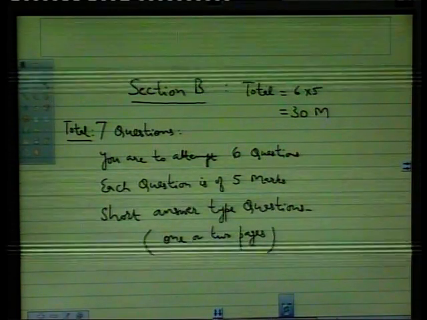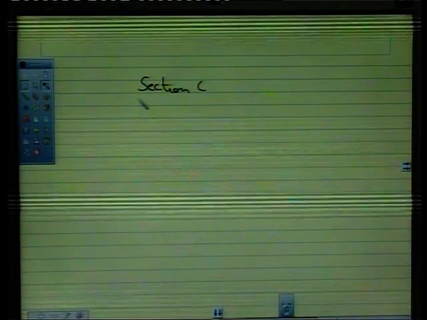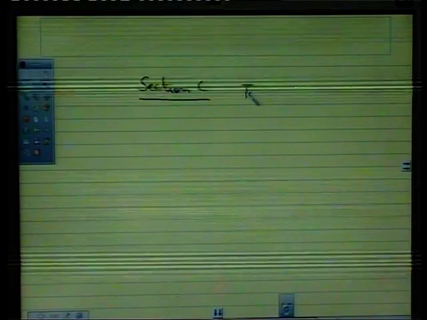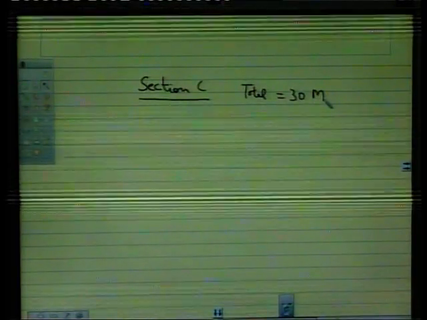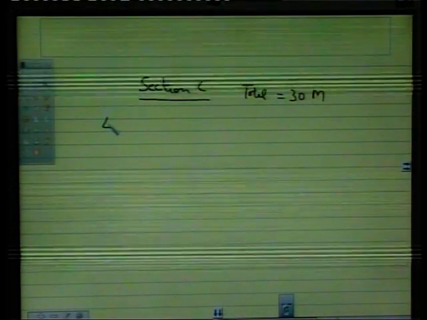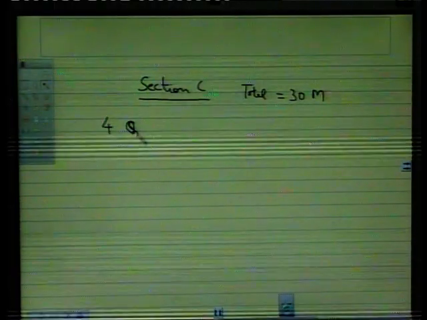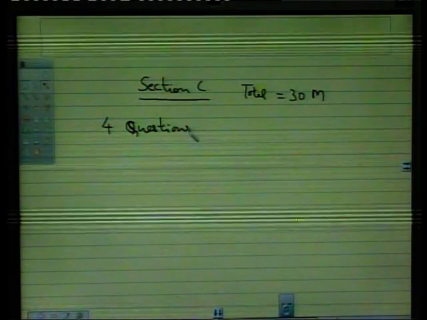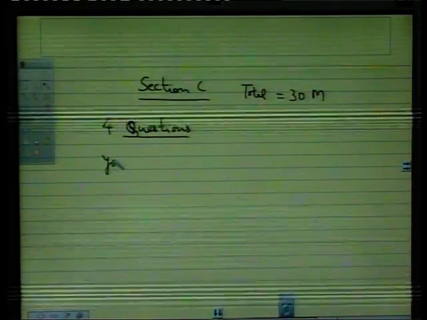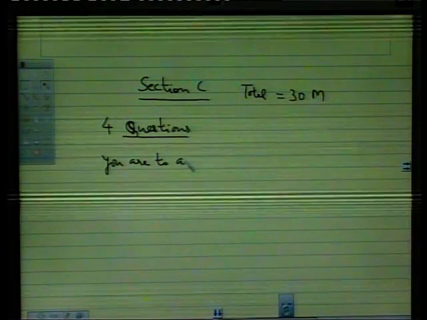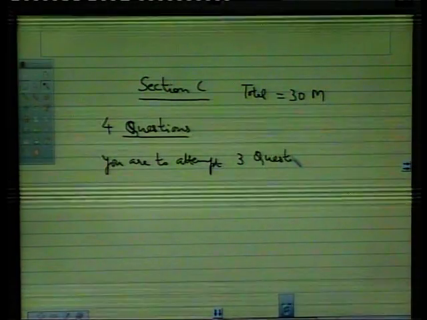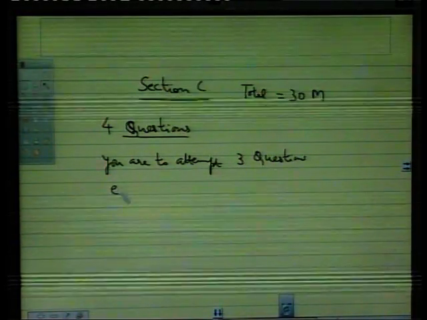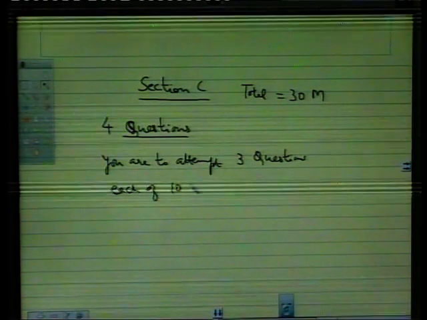Then we have section C. This is again of total 30 marks. This contains 4 questions. You are to attempt 3 questions, each of 10 marks.